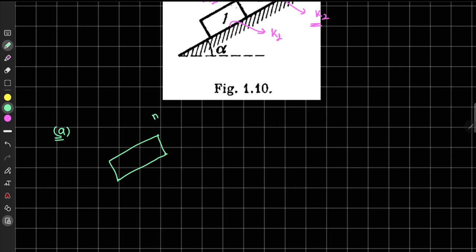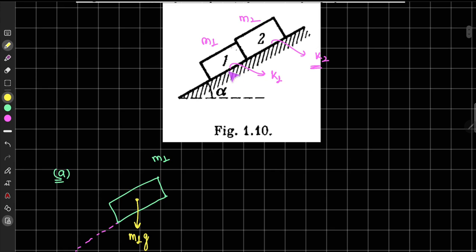So this is mass m1, which is on the inclined plane, and the inclined plane is making an angle of alpha. We will have the gravitational force in the downward direction, that is m1 into g, and as it is making contact with the inclined surface, we will have the normal reaction which is perpendicular to this inclined surface in this direction.